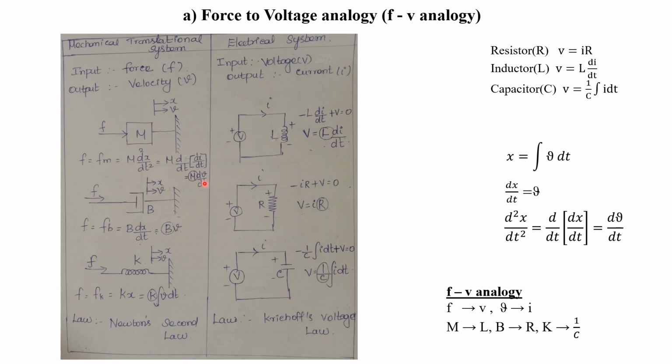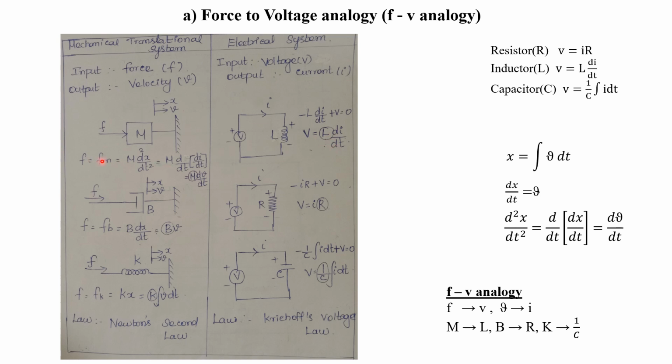Now we have to compare this equation in the mechanical translational system with the equation in the electrical system. In the mechanical translational system, we have the system equation F equal to m into dv by dt. In the electrical system, the system equation is V equal to L into di by dt.